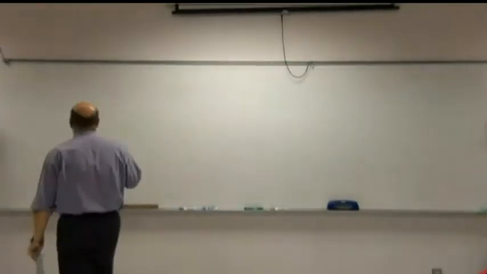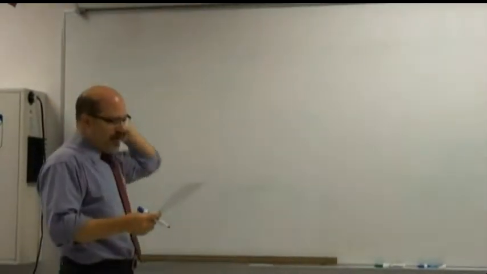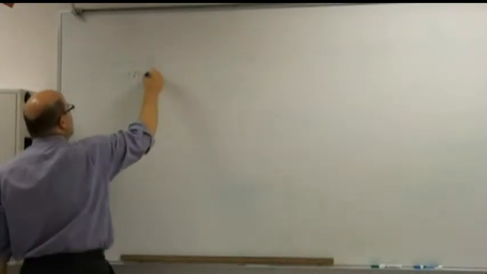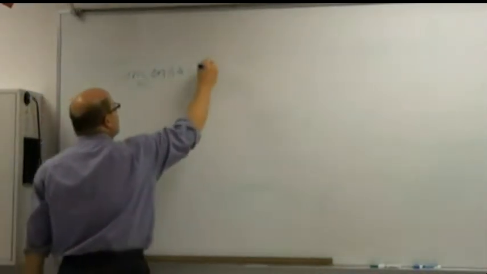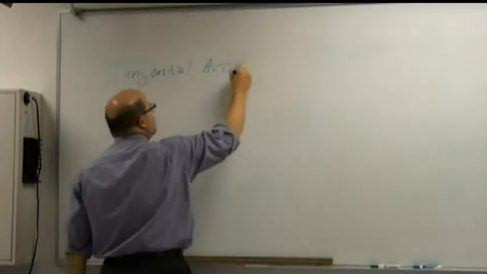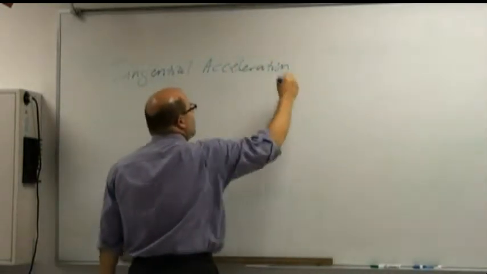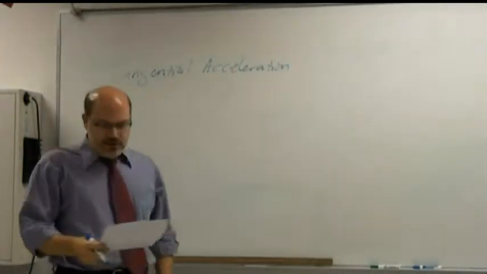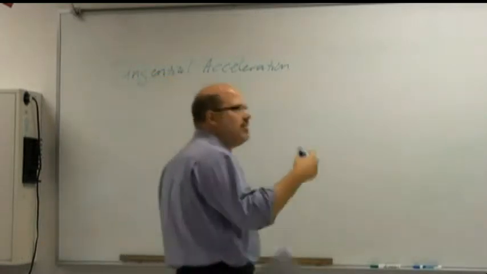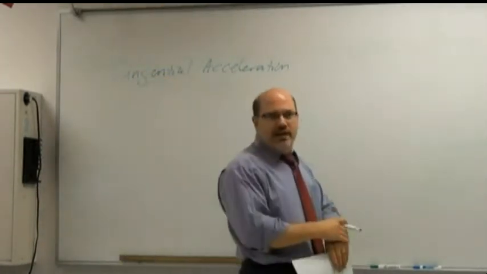So our two types of acceleration are linear acceleration, or tangential acceleration, as we've been calling it. Tangential acceleration is the acceleration we think of most often in everyday life.